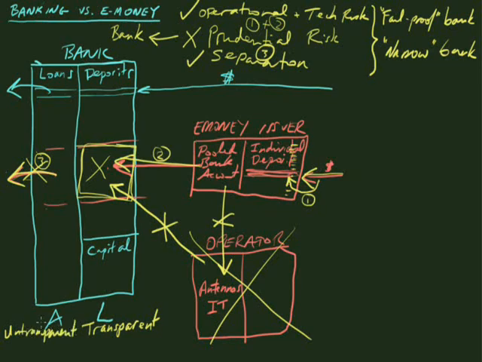You know who owes money to the bank, but you don't know what is the value of those loans. You don't know whether those borrowers are going to be repaying the bank or with what probability. So it's a judgment call. It's very untransparent. By having the e-money issuer concentrate only on the deposit side, they do the transparent bits of banking and let banks do the untransparent bits of banking.